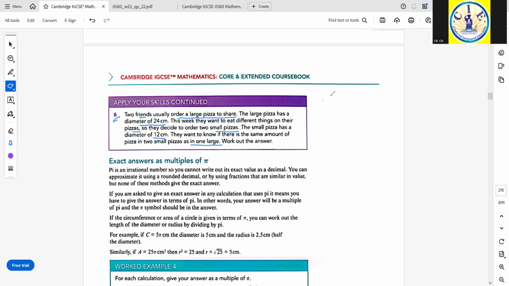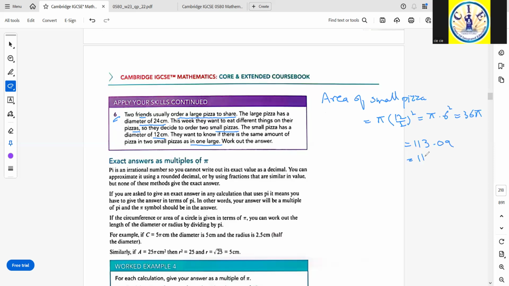Okay. Area of one small pizza, that can be calculated as pi times 12 by 2 squared. That is pi times 6 squared. That is 36 pi. And this will be equal to 113.09.